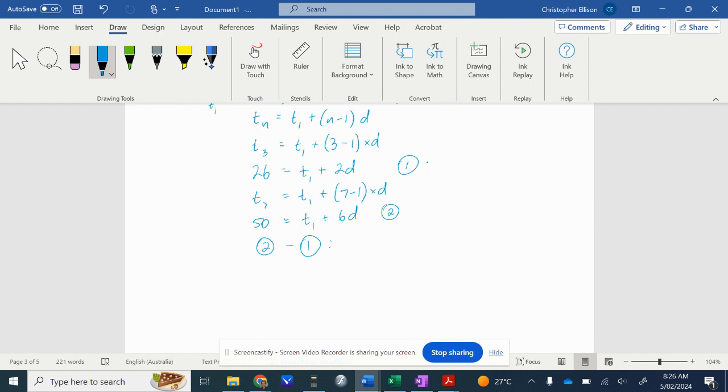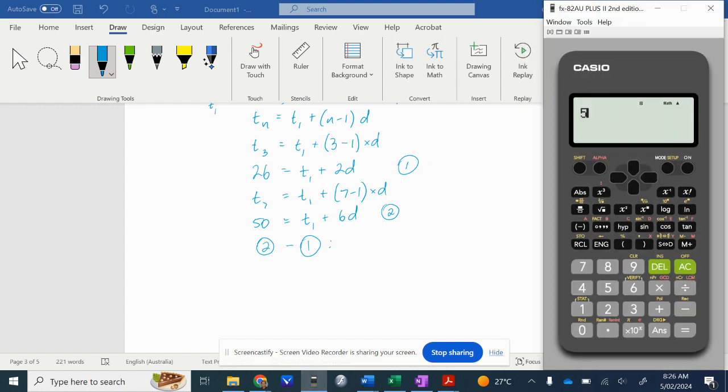So we're going to go this 50 minus 26 first. 50 minus 26 is 24, I'm pretty sure. I'm just going to make sure of it, because there we go.